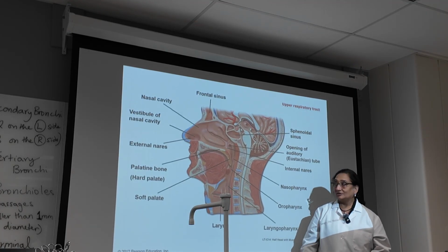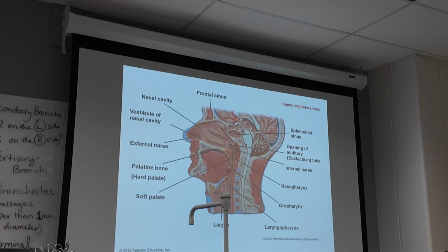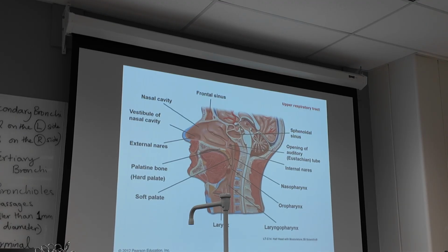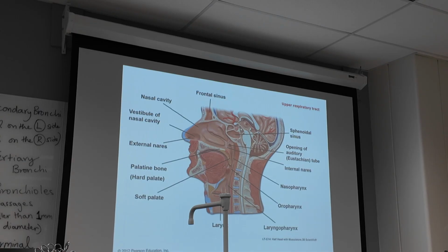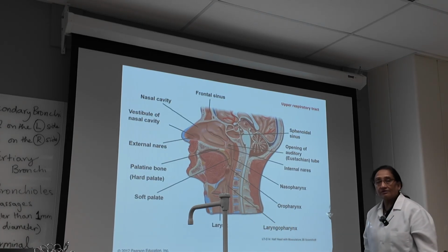Esophagus. Don't forget that. The esophagus is directly on top of your vertebral column, right here. On top of that is the trachea. So the esophagus is just next to the vertebral column.